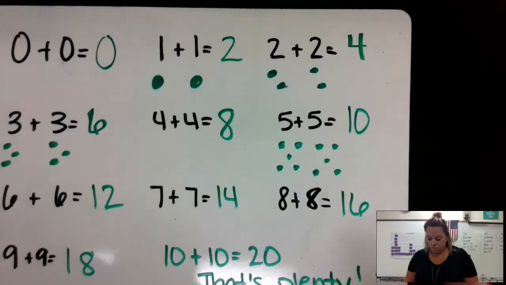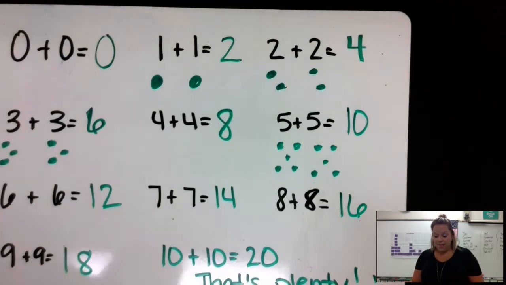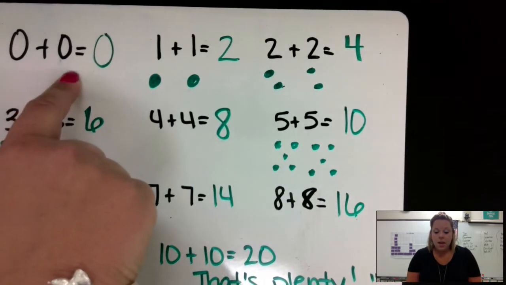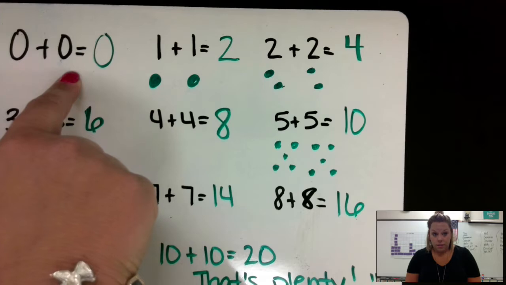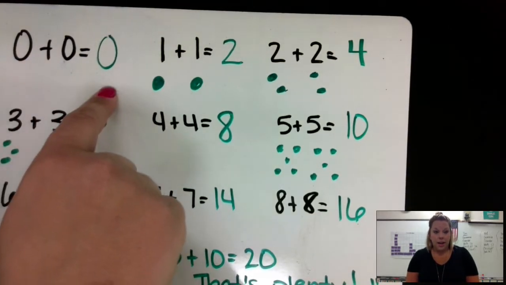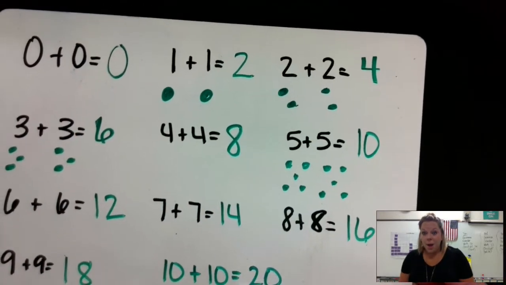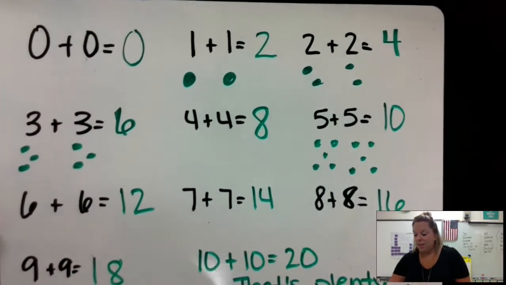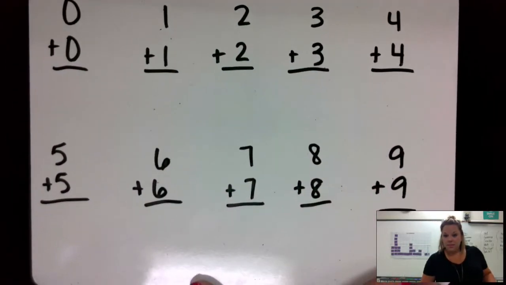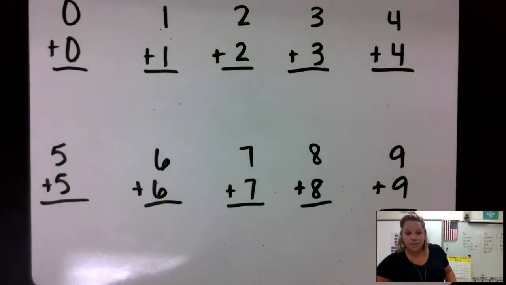Now, this is not the only way to see the double facts. Sometimes you see them going across like this. That's called horizontal. When it goes across, that's a horizontal line, okay? These problems are going horizontally, but sometimes you'll see it like this.